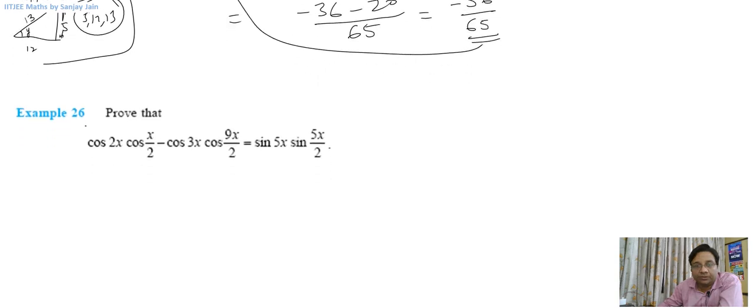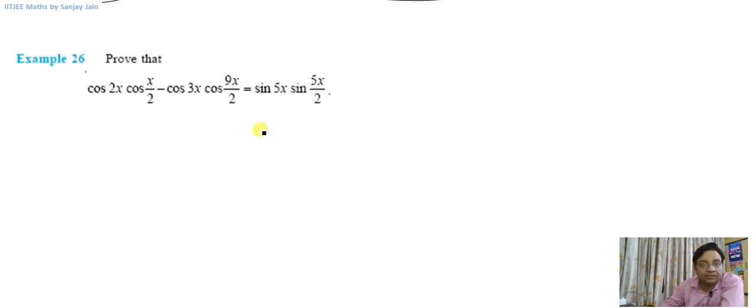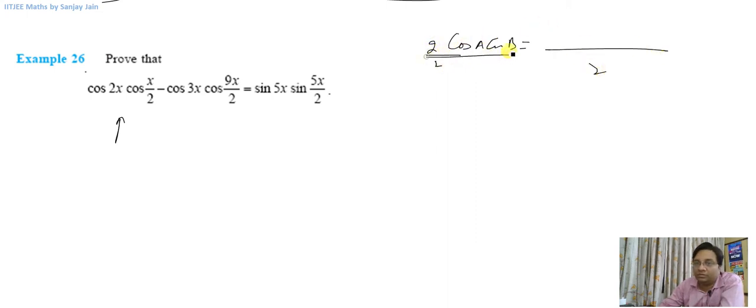So in this question, if you see, there is this expression cos A cos B type. So cos A cos B means 2 cos A cos B by 2. You can write it like this. So 2 cos A cos B we know is cos A plus B plus cos A minus B, right?